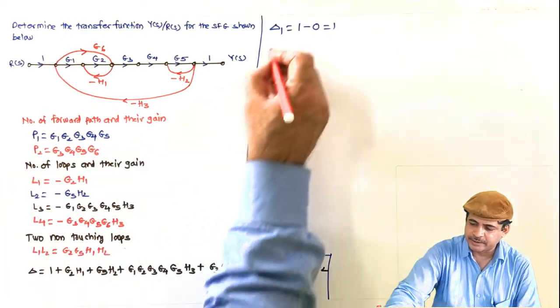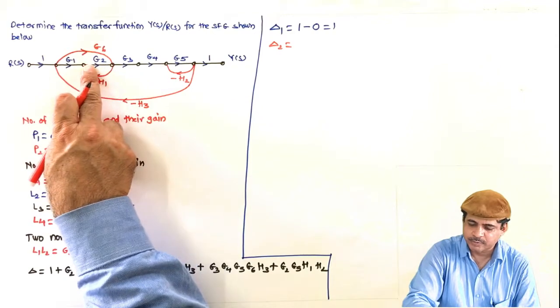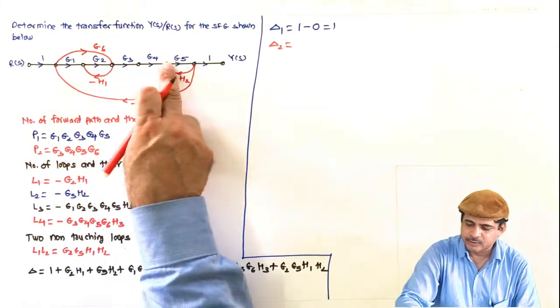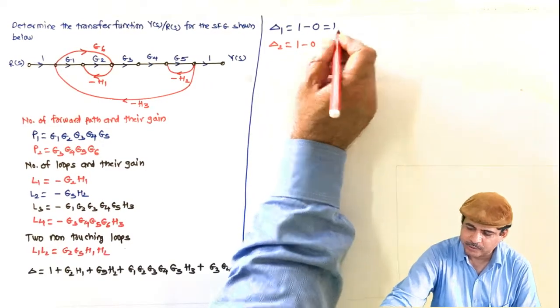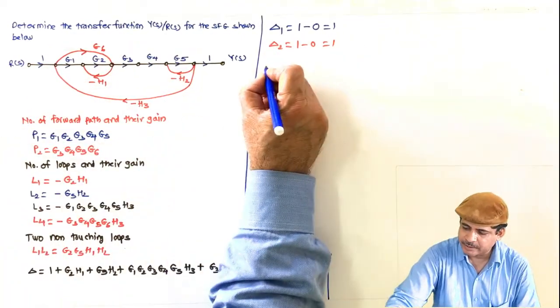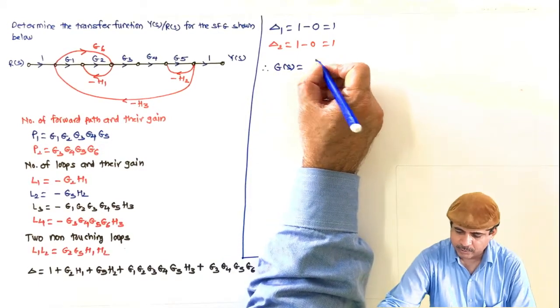And for delta 2, this is the forward path, this loop is touching, this loop is also touching, all are touching. So 1 minus 0 equal to 1, and hence G of S will be P1 plus P2 upon delta.